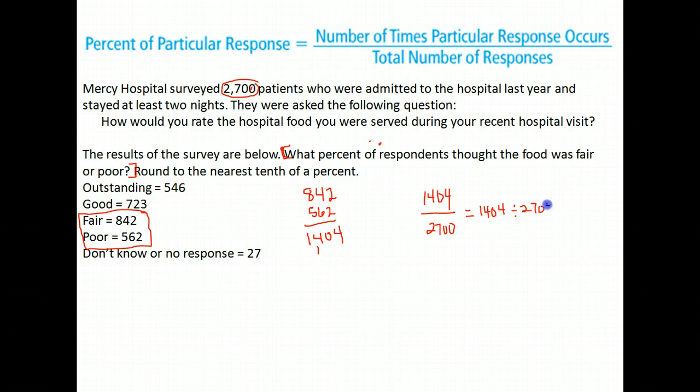We divide to find our decimal. This means 0.52. I move the decimal 2 places to the right so that I can write that as a percent, and I find that 52% of respondents felt that the food was either fair or poor.